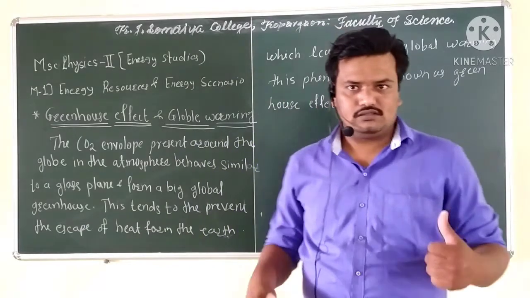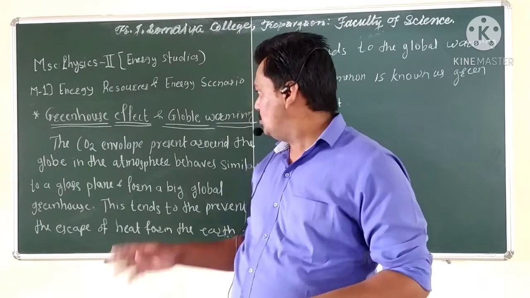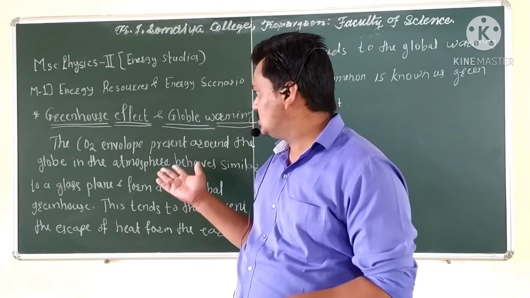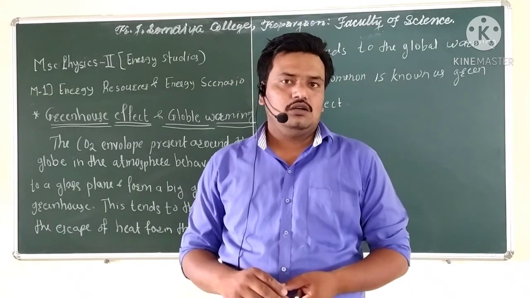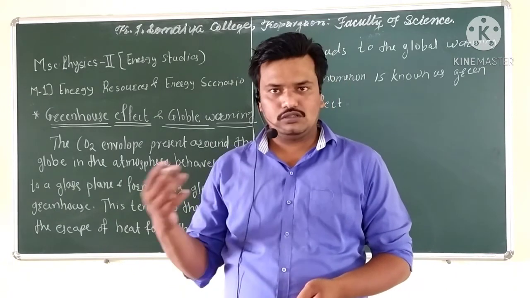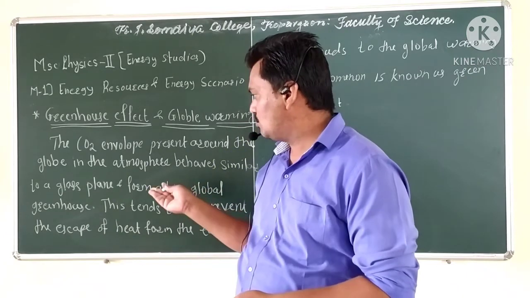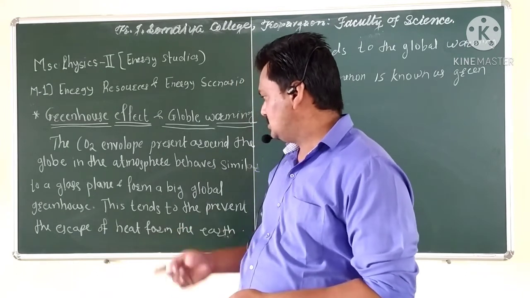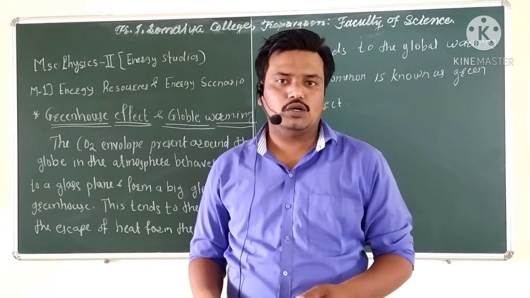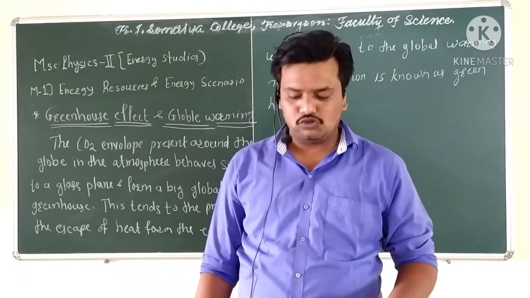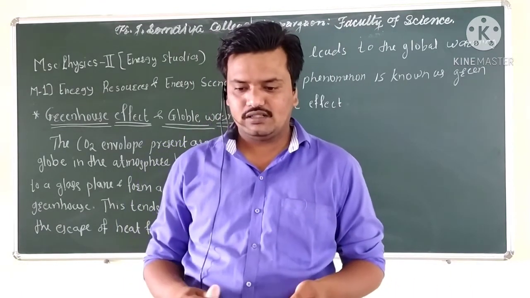Like I showed a minute ago, that CO2 globe present around the globe in the atmosphere behaves similar to a glass sheet or plane sheet, and this forms a big global greenhouse, and this tends to prevent the escape of heat from the earth, which leads to global warming, and this effect is known as the greenhouse effect. Or we can see the diagram here.